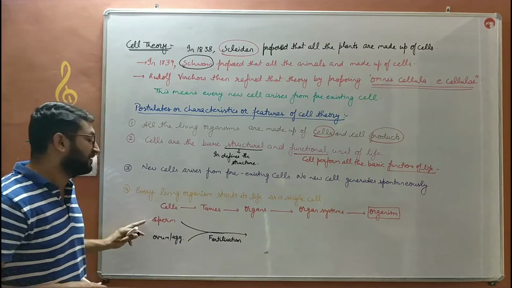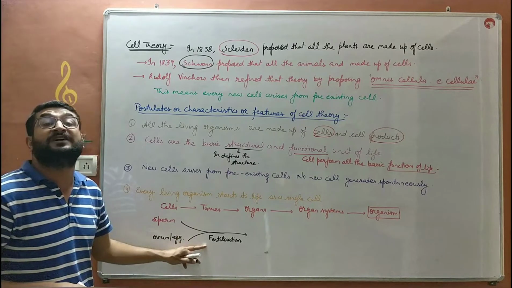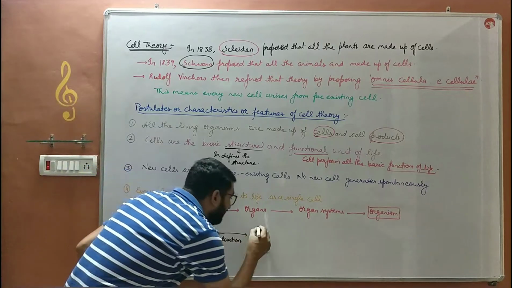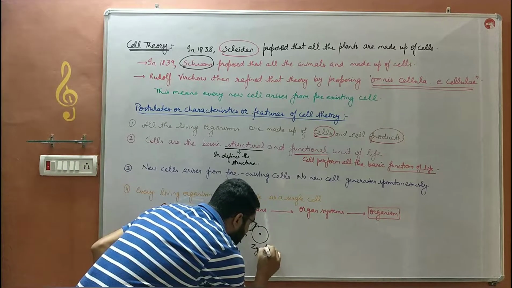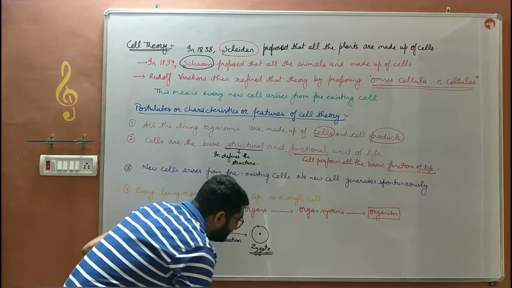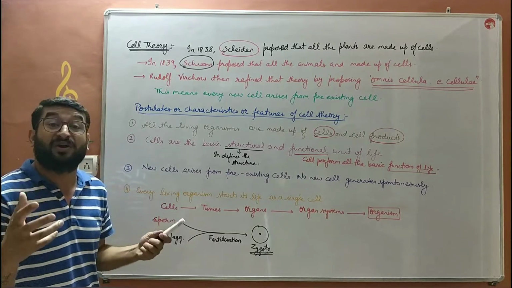They will fuse with each other. Sperm and ovum will both fuse with each other, and that fusion is known as fertilization, and form a first cell that is known as zygote. और ये जुड़कर क्या बनाएगा? फर्स्ट सेल बनाएगा, that is zygote.